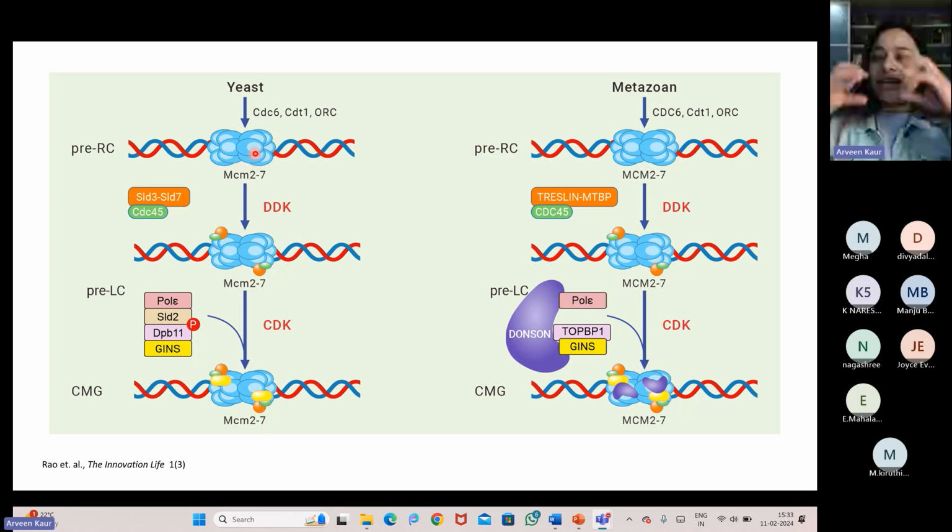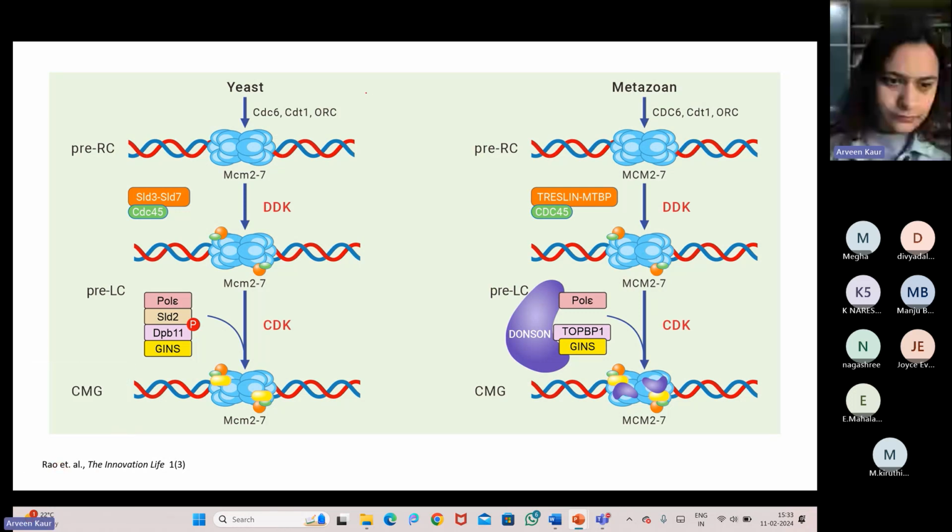Either it recruits another MCM complex, or another ORC comes and recruits another MCM complex, but there are two MCM complexes present that are head-on collided. I hope you remember that representation from ma'am's lectures, because this is not correctly showing it.